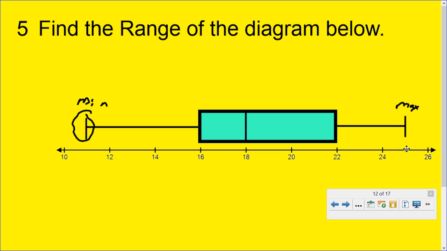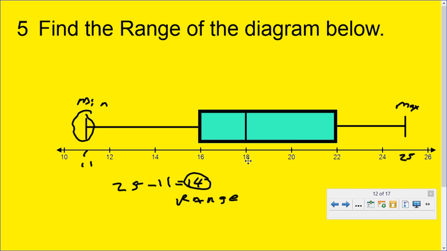So our maximum looks like to be about, say, 25. And our minimum looks like it's going to be 11. So 25 minus 11, our range is going to be 14. And we have just found the range of those numbers.